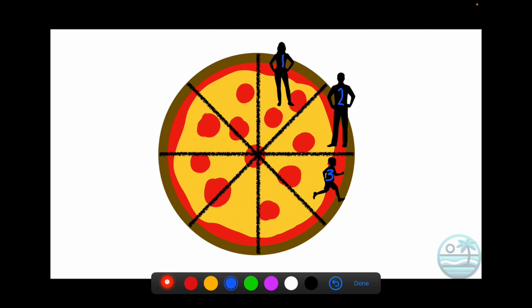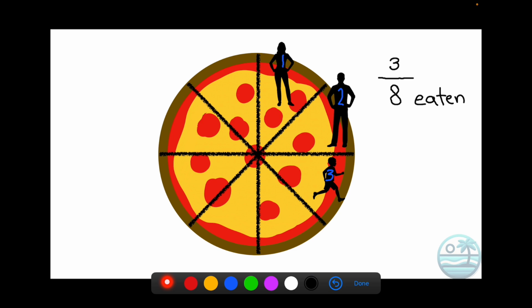If we're wondering how much of the pizza was eaten, we're going to need a fraction. We know that because there are 8 total pieces, my denominator is going to be 8. And then I'm going to think how many of these pieces were eaten. Well, I see 1, 2, 3. 3/8 of this pizza has been eaten.